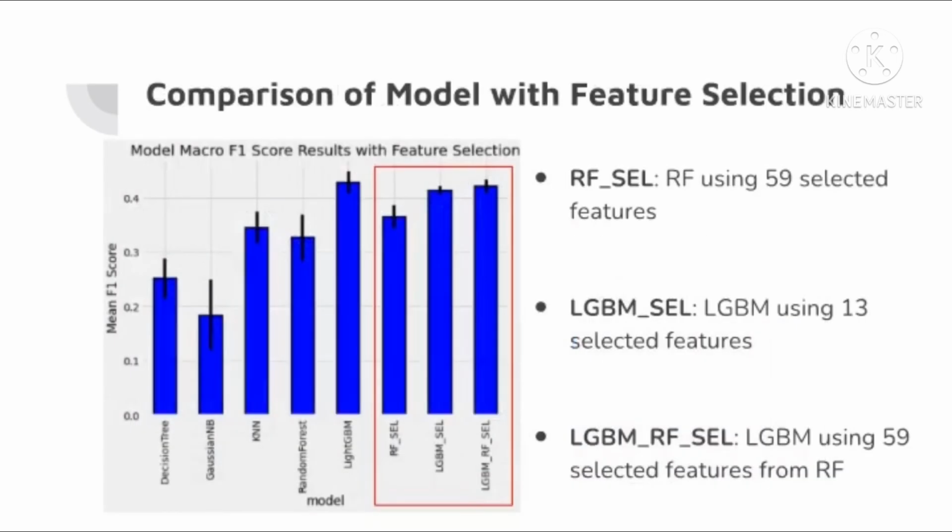Therefore, in our experiment, we retrained the random forest model using the top 59 features and denoted the result as RF_cell. We also retrained the LGBM using the top 13 features and top 59 features. From this experiment, we observed that the score for random forest with feature selection improved significantly, whereas the score for LGBM with feature selection remained comparable as before.